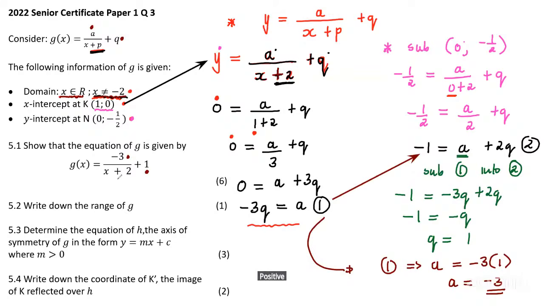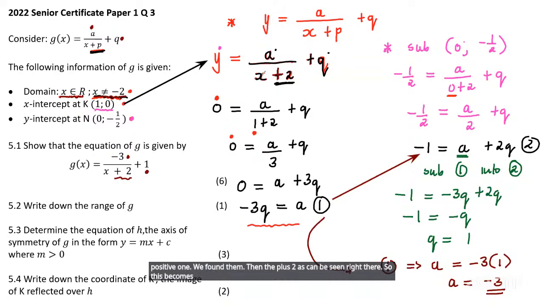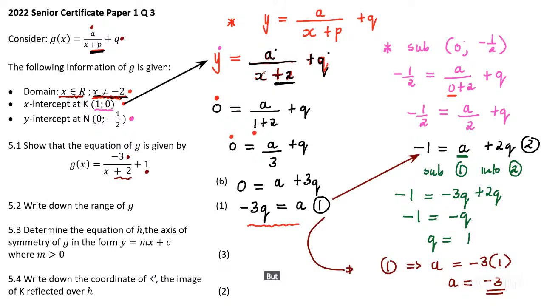We found them. Then the plus 2, as can be seen right there. So this becomes your answer, with about 6 marks in that particular part.